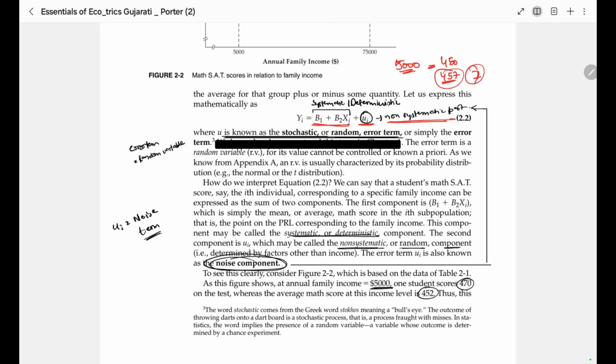This number can change, but the deterministic number we can always get using our equation. The error term is a random variable. We also call it the noise component, a noise term in our data, similar to what actual noise means.